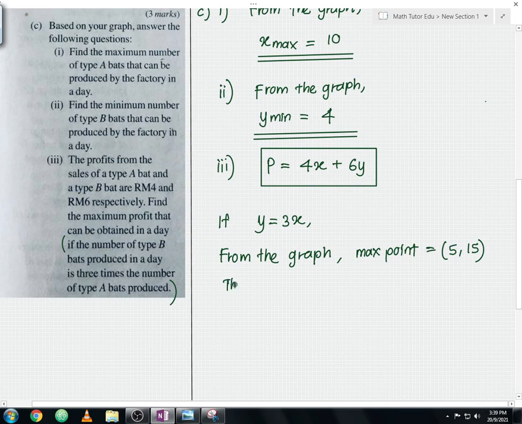Thus our maximum profit will be 4 times 5 plus 6 times 15. You substitute these values into the equation respectively. From here you get your maximum profit is equal to 110 ringgit. This is your final answer. Let me underline the solution for question C part 3.